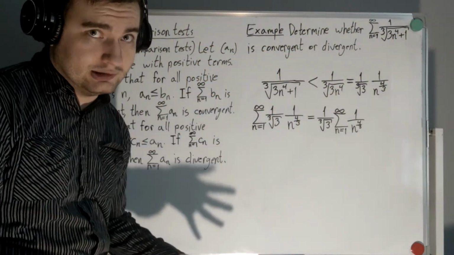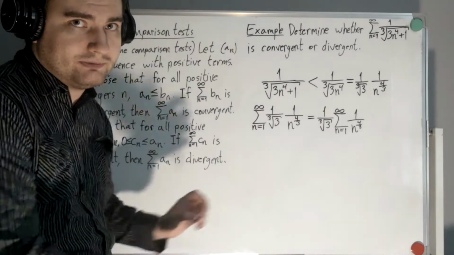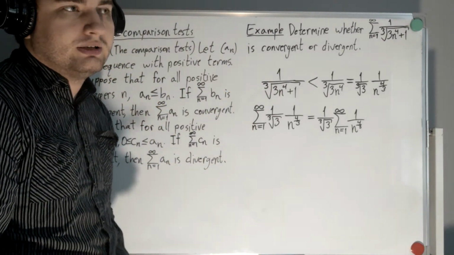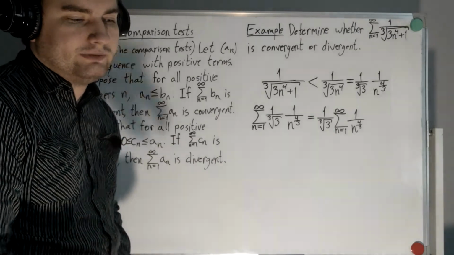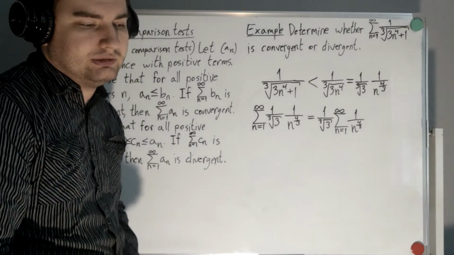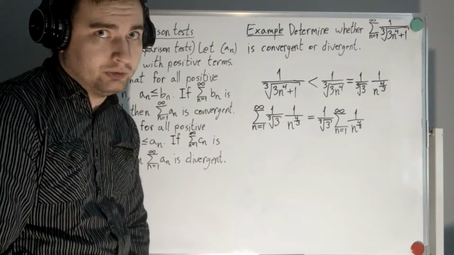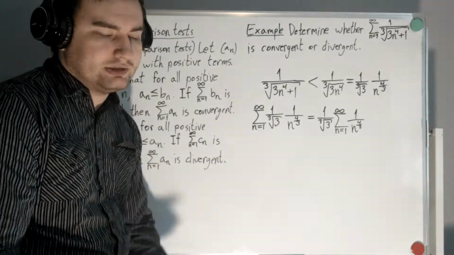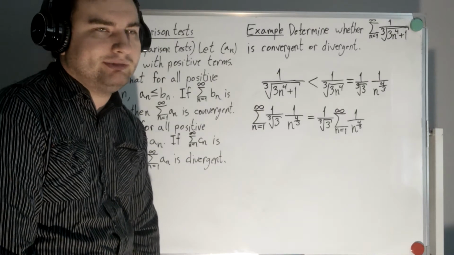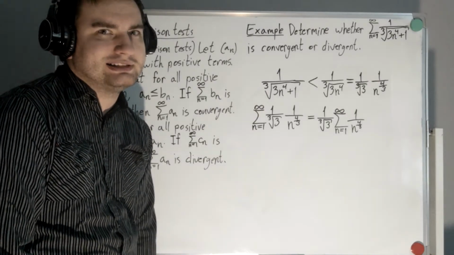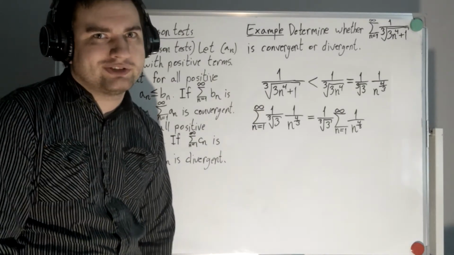And you can always do that with constants and sums. You can always factor out the constants. If the series is convergent, then it'll just converge to that constant times whatever the series converges to. And if it's divergent, then it doesn't even make a difference, because multiplying a series by a constant is not going to change whether it diverges or converges.